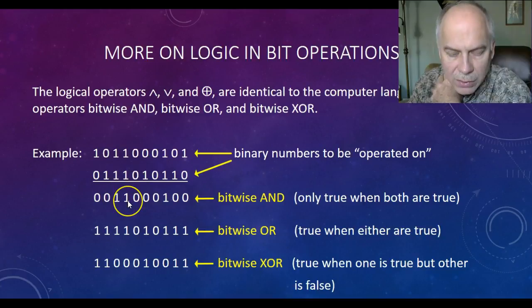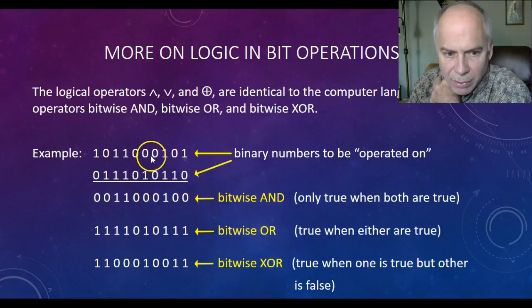Both of them with a 1, so you have a 1. But in the case of the next 3, you don't have both of them being on. In column number 8, I guess it is, you have both of them with a 1, so it's going to be a 1. But then you don't have that in the other ones.